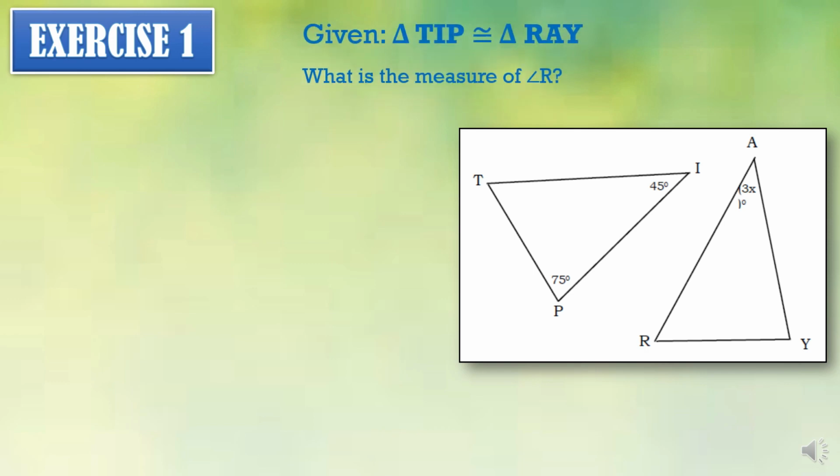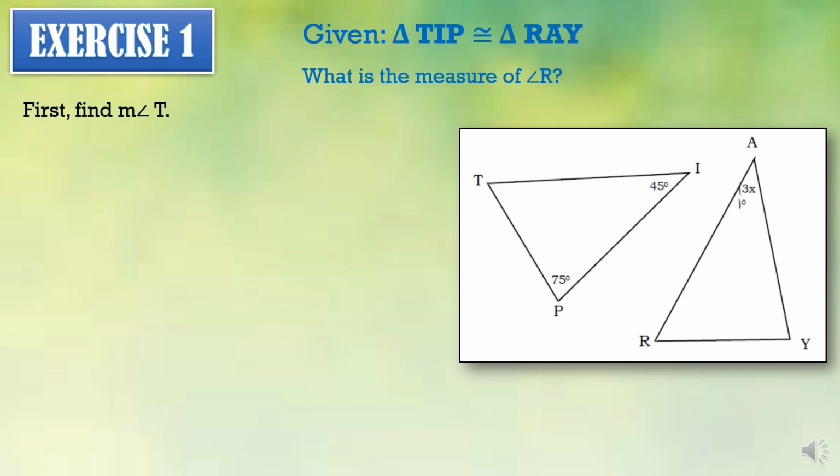Okay, let's take exercise 1. In the given figures, the given is triangle TIP is congruent with triangle RAY. What is the measure of angle R?